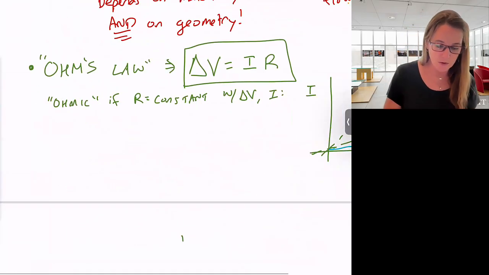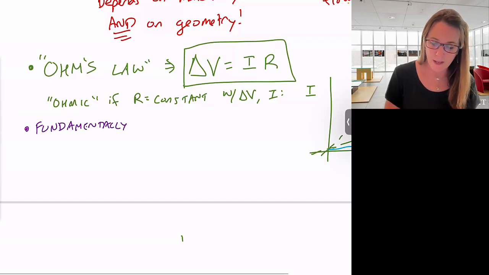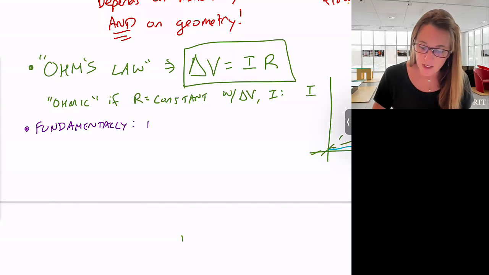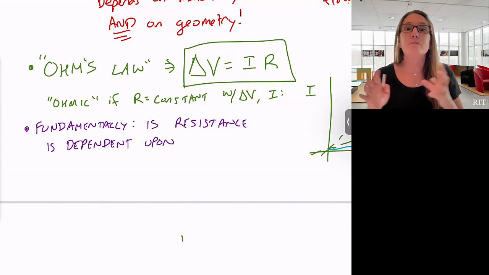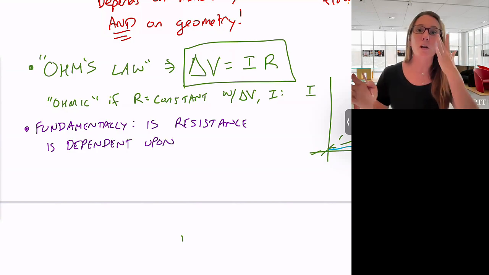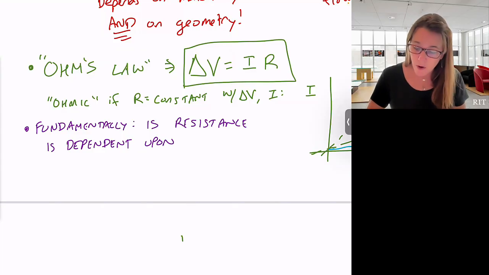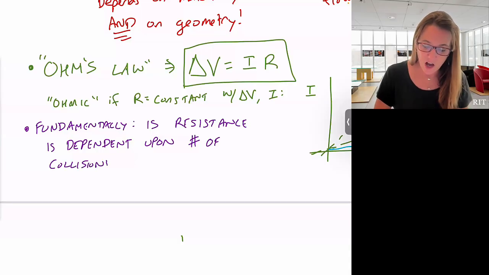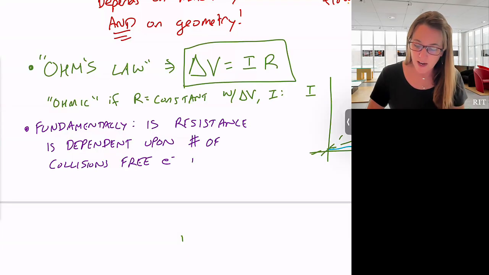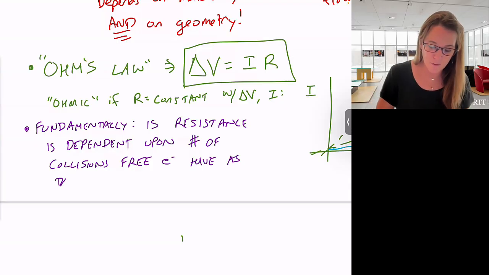So I'm just going to put down here one last note that fundamentally what's hindering this charge flow is that the resistance is dependent upon a lot of factors, but it can be thought of in the big picture as a measure of the number of collisions that the free electrons have as they move in the electric field.